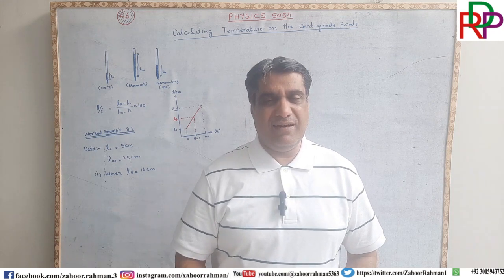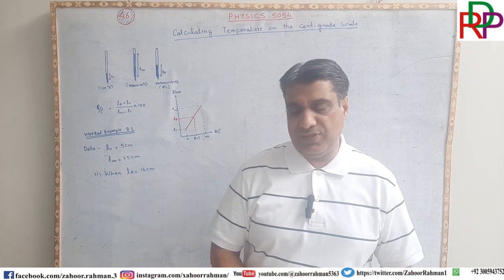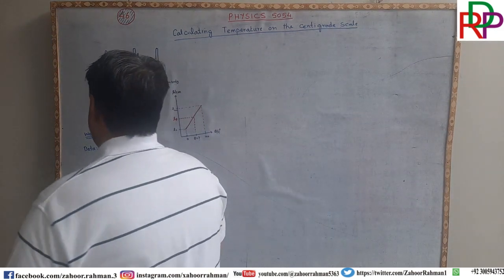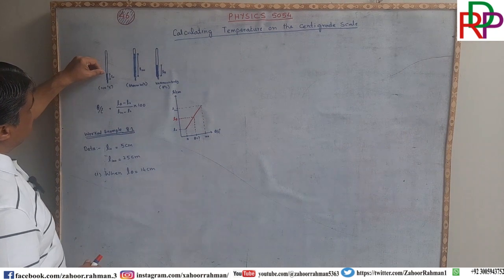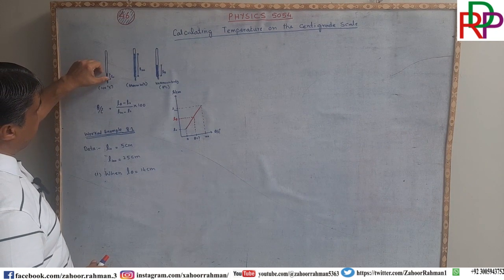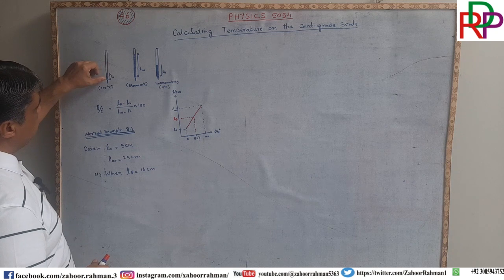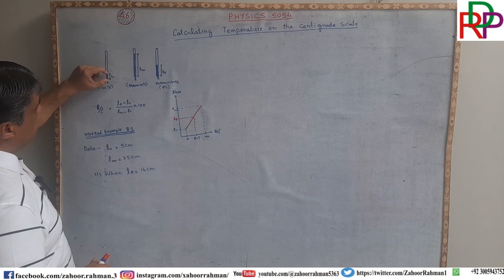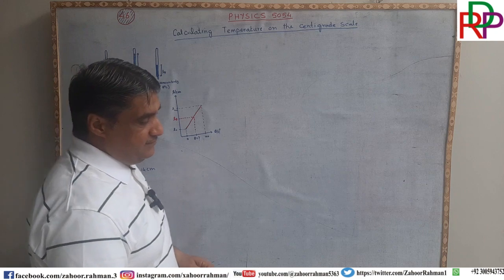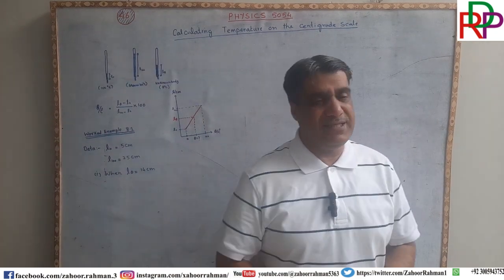Remember, L naught we will calculate when the 0 point is here, above the bulb. So this will be L naught.